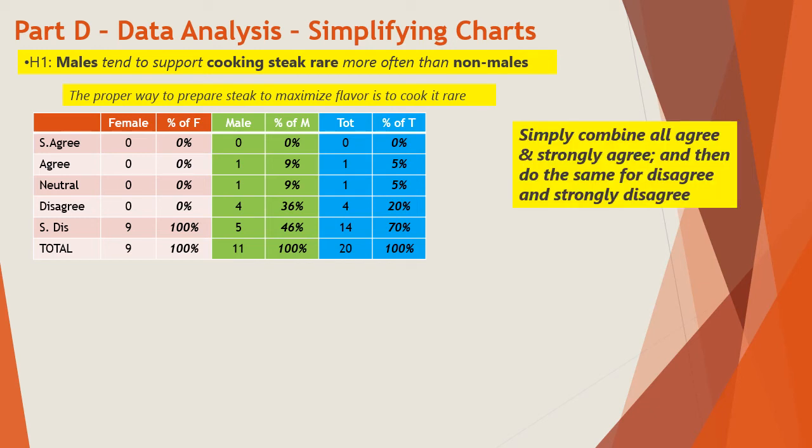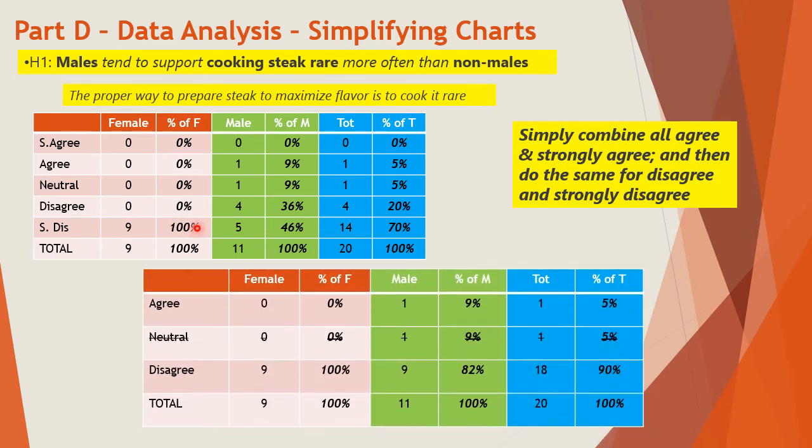All we're going to do is simply add up the number of responses that were both strongly agree and agree and get a total. We can even add up the percentages, then add up the total of disagree and strongly disagree to get a percentage here as well. And this just makes a simpler chart to see where people are falling for or against an idea.